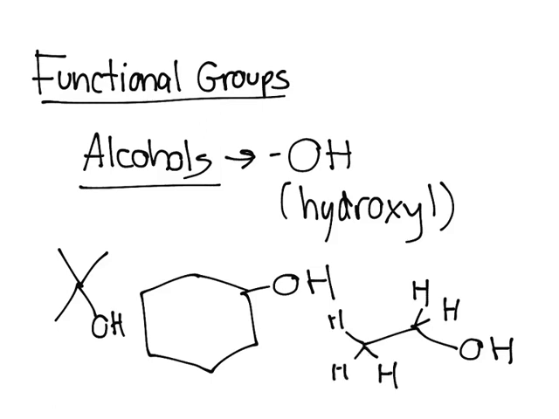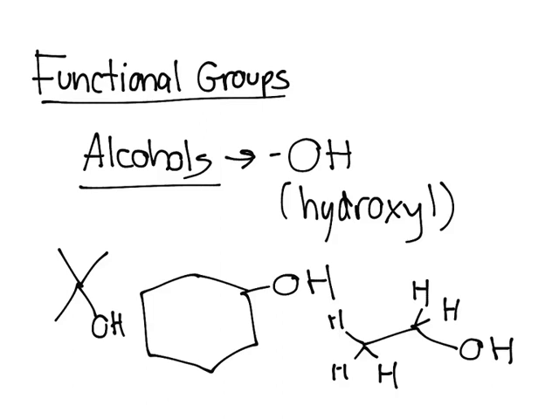Those would all be alcohols. Essentially, anytime you see an OH, actually that's not always true because it could be a carboxylic acid. If it has an OH, it's either a carboxylic acid or an alcohol, and we'll talk about how to spot the difference. I'll talk about that in a little bit.